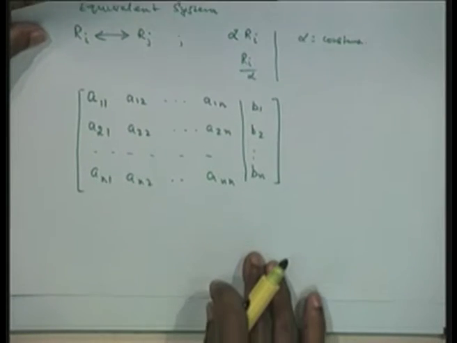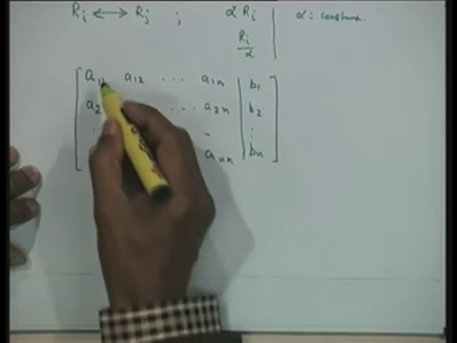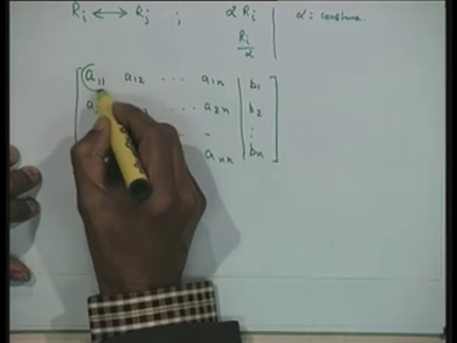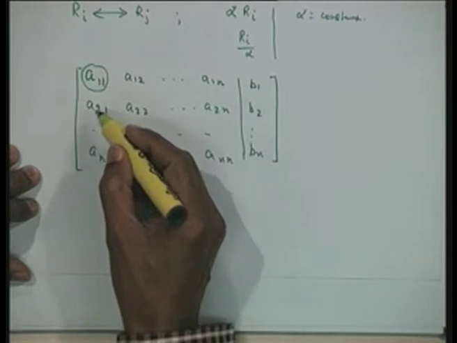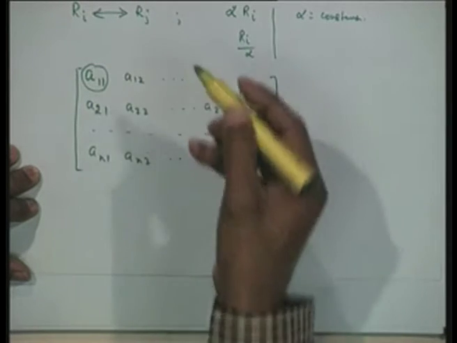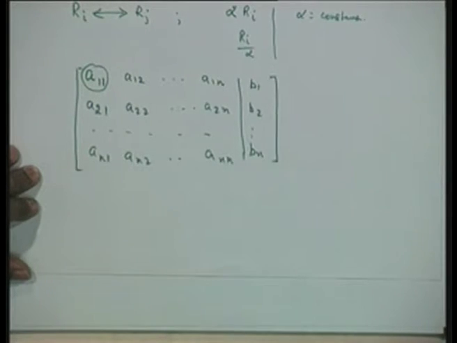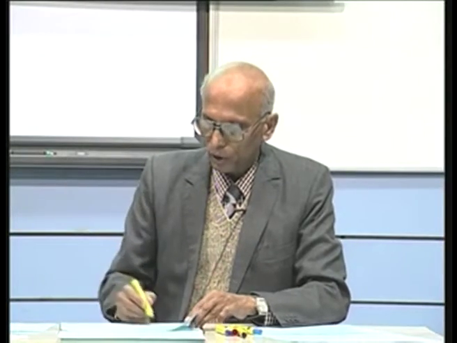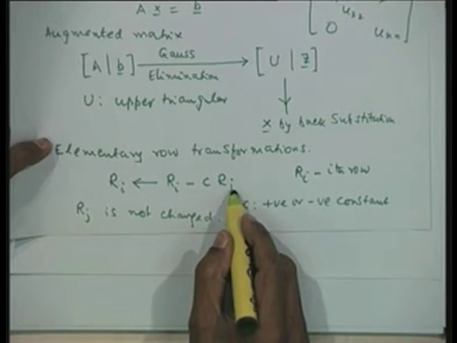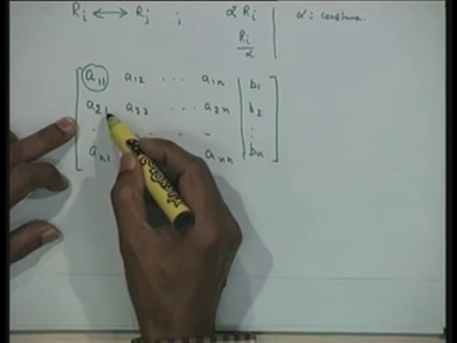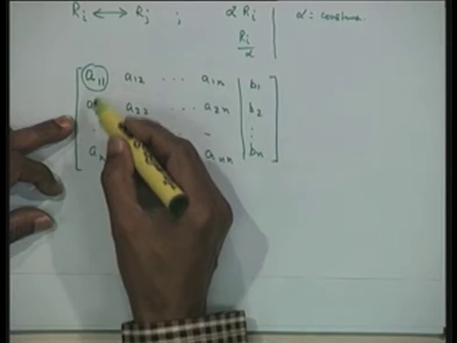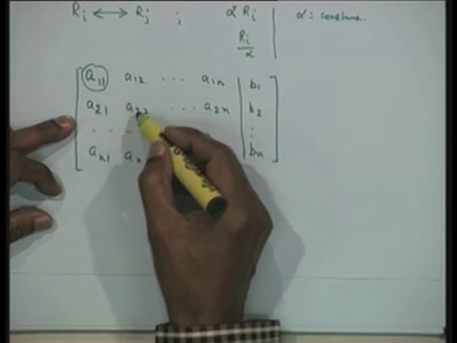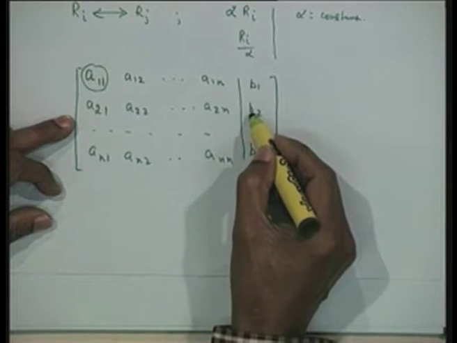Now, in the first step what we do, we use this element A11 and make all these elements 0 by multiplying by a suitable factor. I would like to use the operation Ri minus C Rj to bring these zeros over here. For example, if I multiply this by A21 by A11 and subtract, this becomes 0, then all these elements get changed.